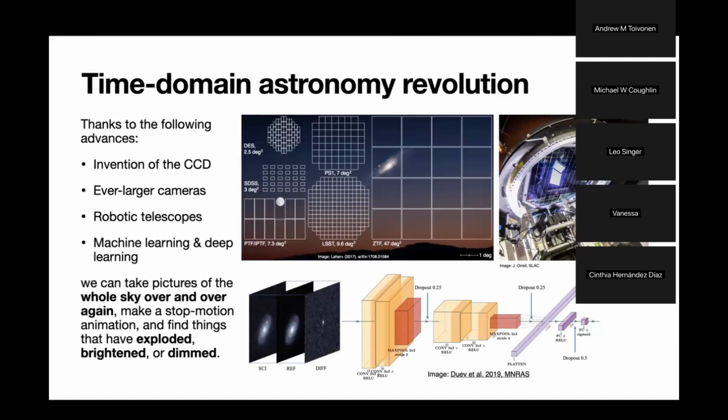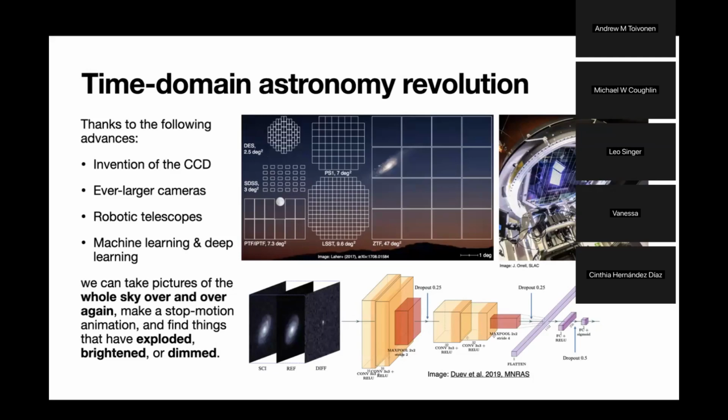So thanks to experiments like ZTF and Dark Energy Survey and PanSTARRS and LSST, we have larger and larger CCDs on robotic telescopes, large fields of view, and combining that with automated analysis and machine learning, we can take images of the whole sky and go back. This is the whole raison d'etre of ZTF.